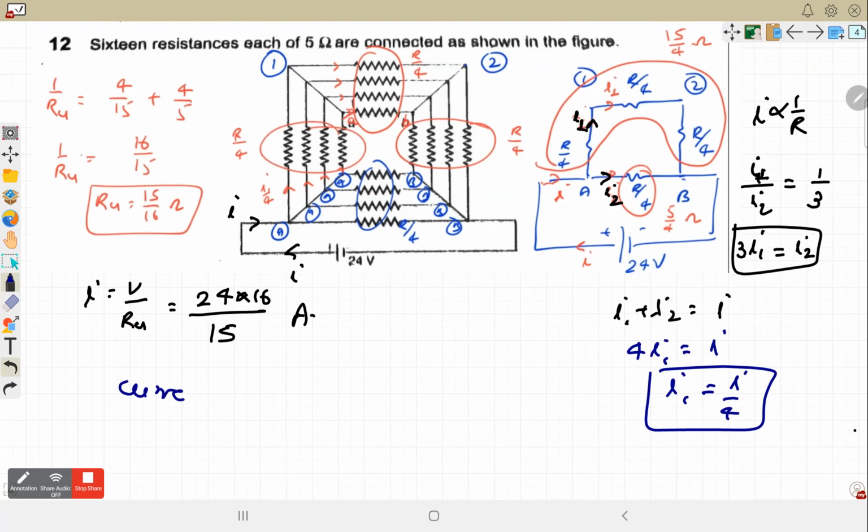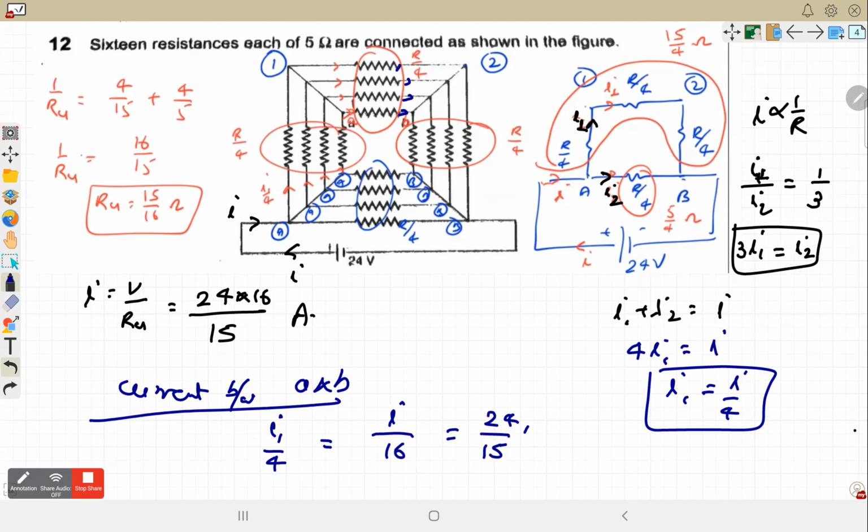So current between A and B is this current getting divided into 4 equal branches. So in any one of this branch will be I1 by 4. I1 is I by 4, so it becomes I by 16, and I by 16 will become 24 by 15 ampere, which is I think not given in any one of the options. So there are such questions with this DPP, maybe it is a printing mistake.